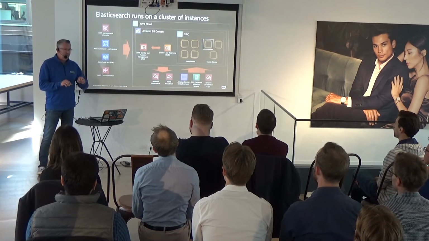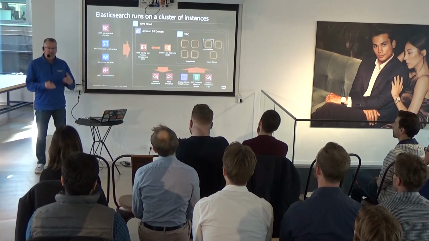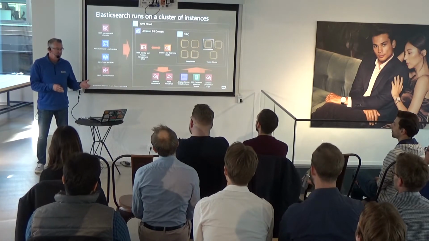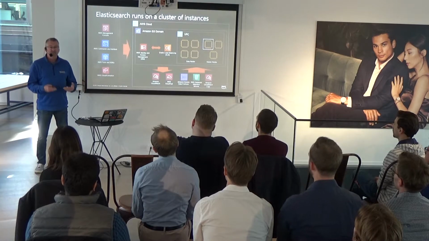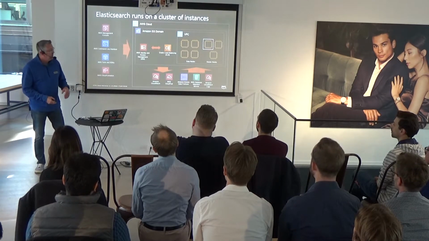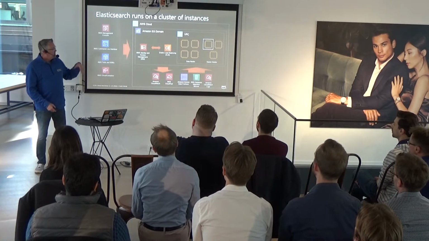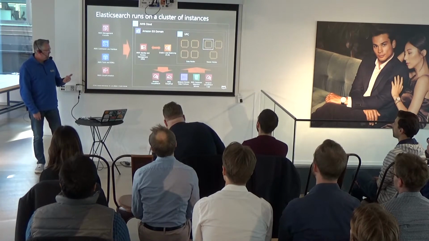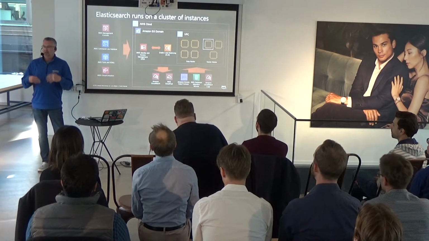So if we peer underneath the covers on the service, typically if you're running your own, you'd be running, say, on-prem or using your own EC2 instances, or maybe some virtual machines or even containers, even Kubernetes. But what you effectively have behind the scenes is that we present a management console or a command line interface or our SDKs or CloudFormation to go ahead and stand up the cluster.